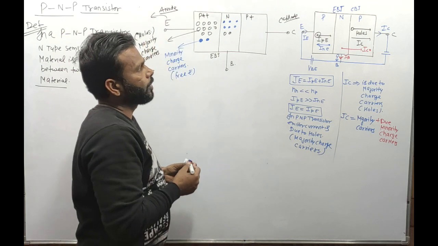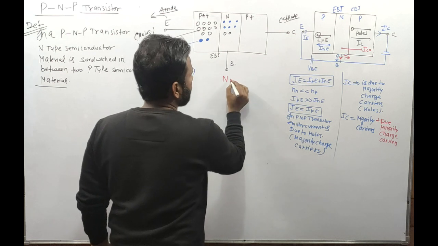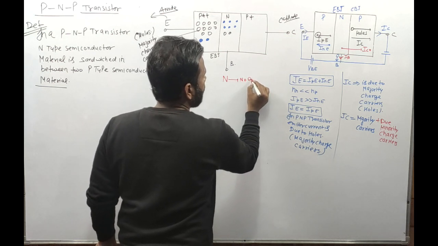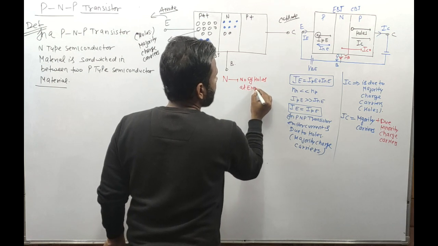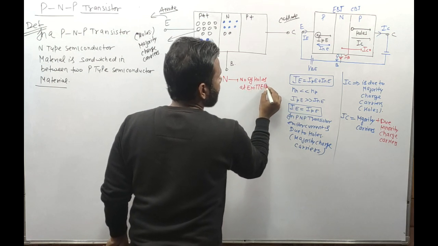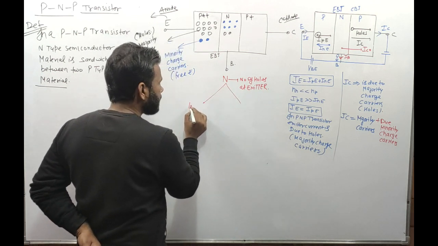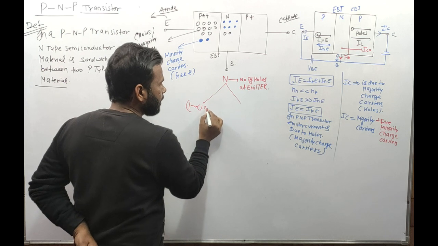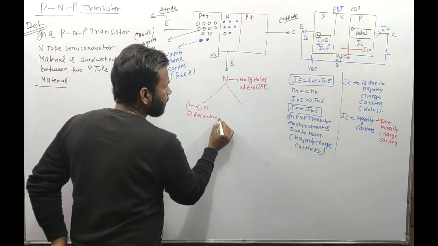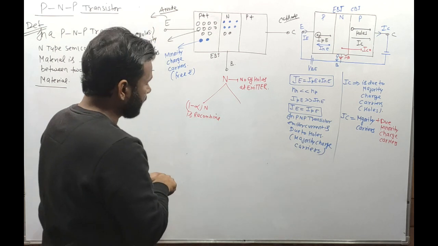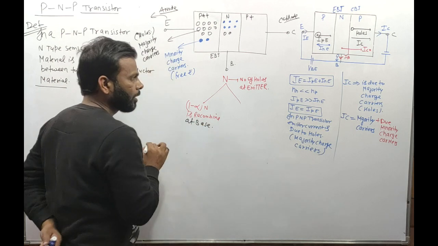Now suppose we have n number of holes at the emitter. Then out of these n, (1 minus alpha) times n is recombined at the base. Clear?